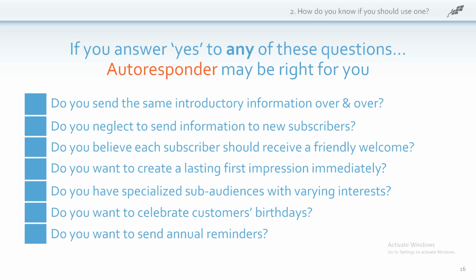This is your checklist. Do you believe each subscriber should receive the same friendly welcome? In your organization, you probably pride yourself on outstanding customer service and delivery, right? I know I do. So your email communication should reflect this too.